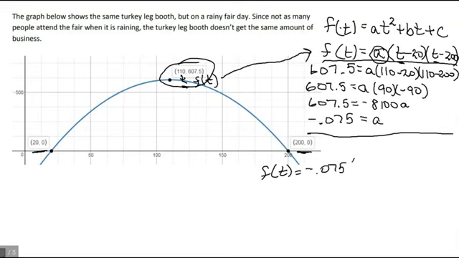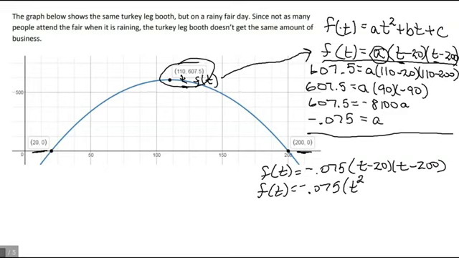So when I substitute that back in, I have f of t equals negative 0.075 times t minus 20 times t minus 200. And now when I use the distributive property to change this from the factored form to the standard form, I have f of t equals negative 0.075 times t squared.